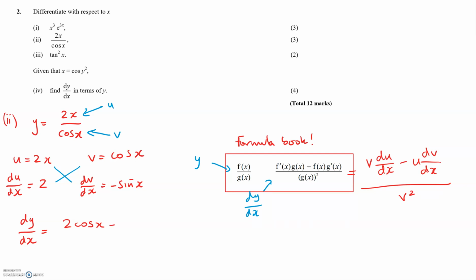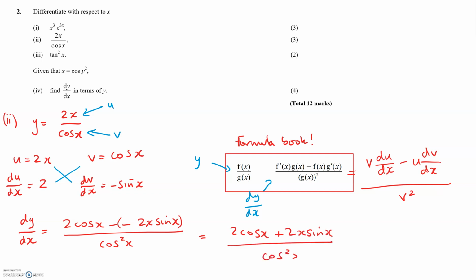So that's minus 2x sine x all over v squared, and v is cos x, so v squared is cos squared. And then I can write it like this: 2 cos x plus 2x sine x over cos squared x. And you can leave it like that.